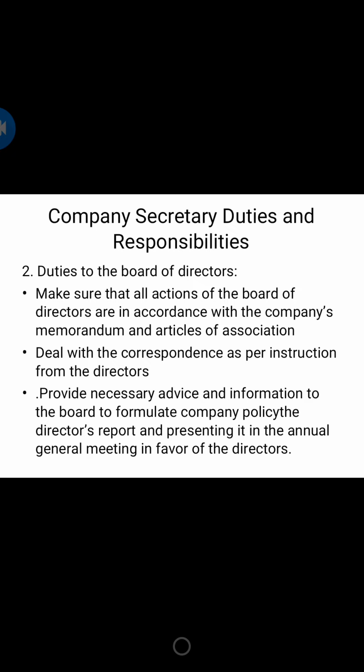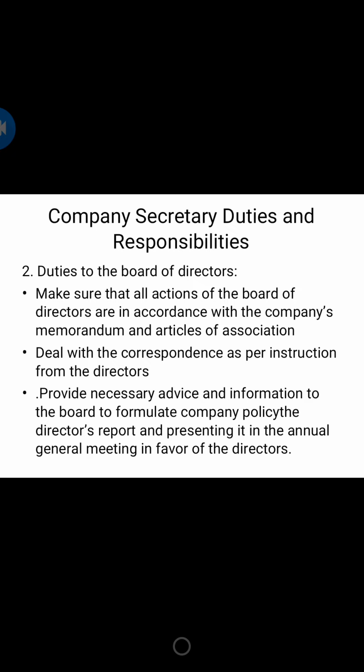This is a primary legal document prepared during the formation and registration process of the company. It defines its relationship with the shareholders, and it specifies the objective for which the company has been formed. So why are you going to start the company, what is the nature of your company, this will be there in the memorandum of association.